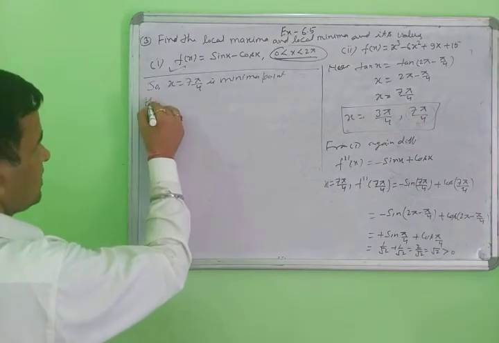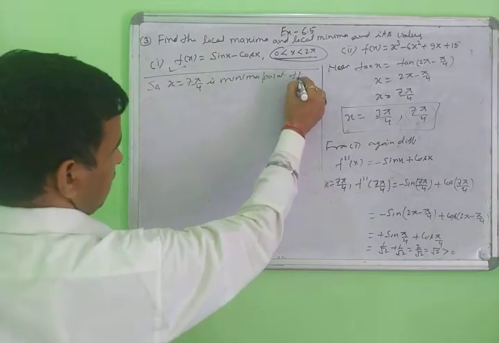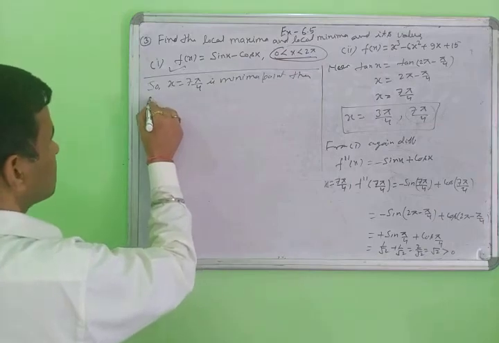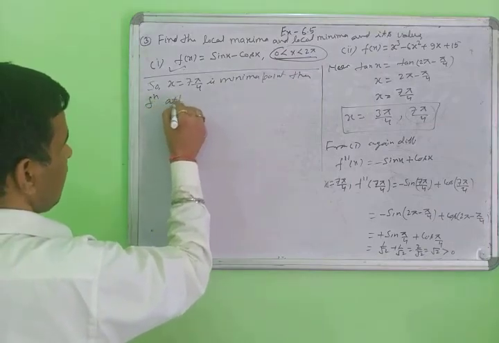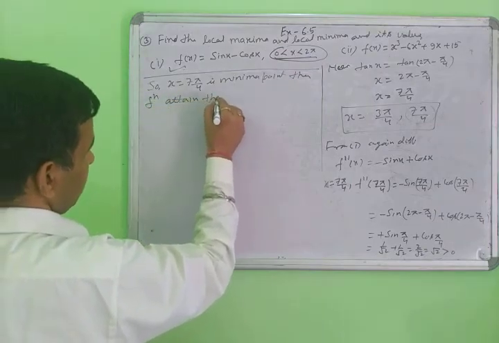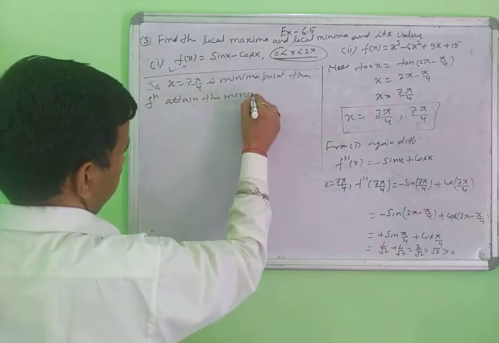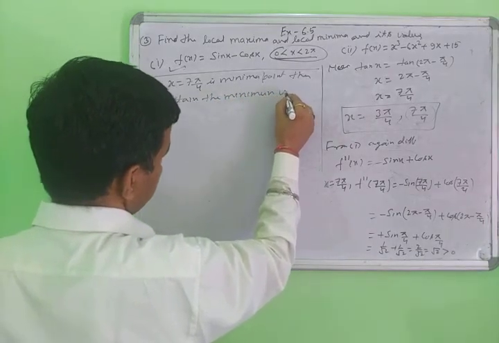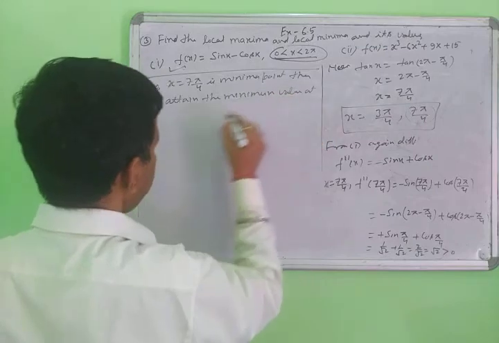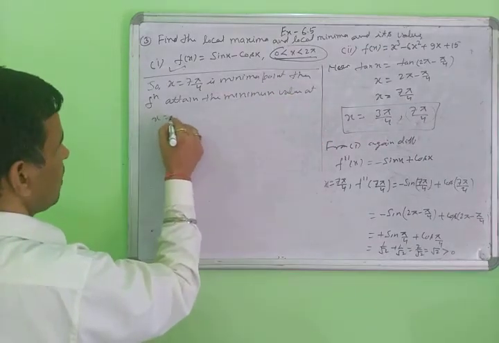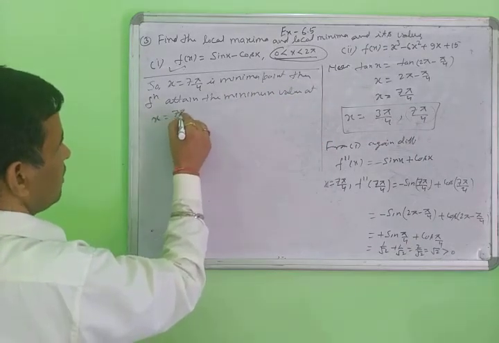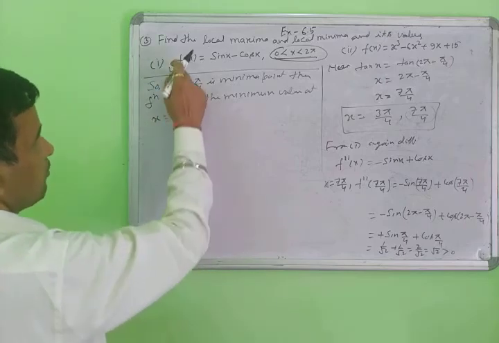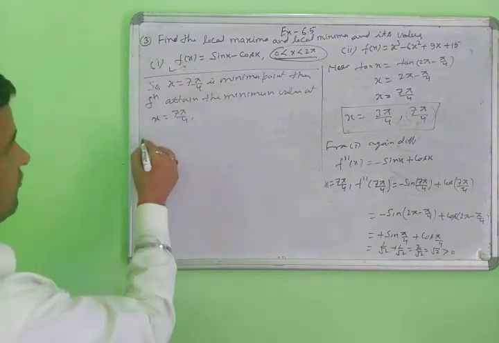So the function attains the minimum value at x equals 7π/4.